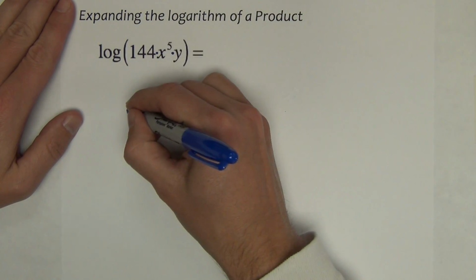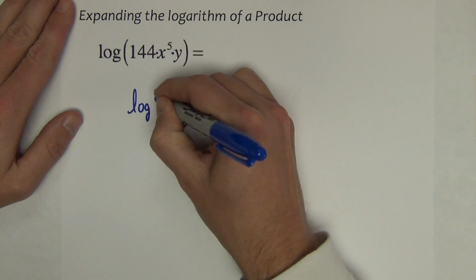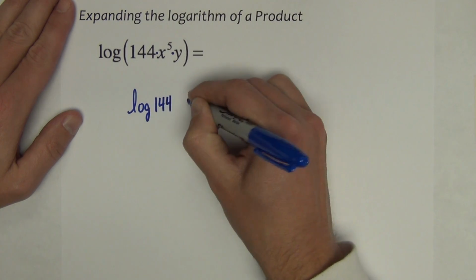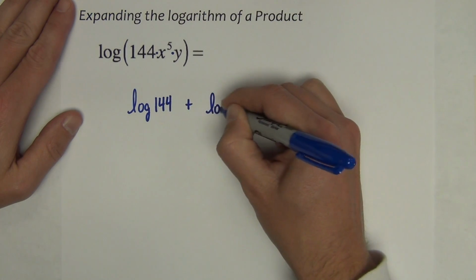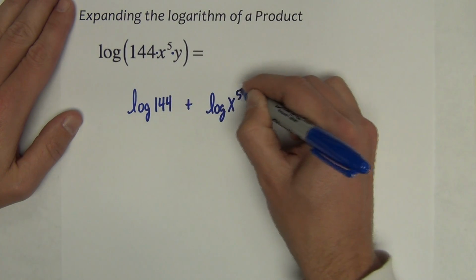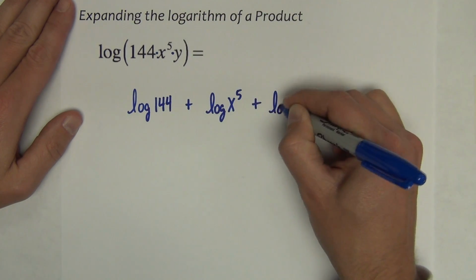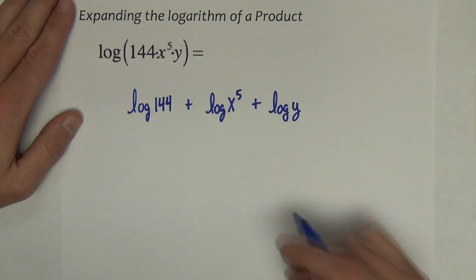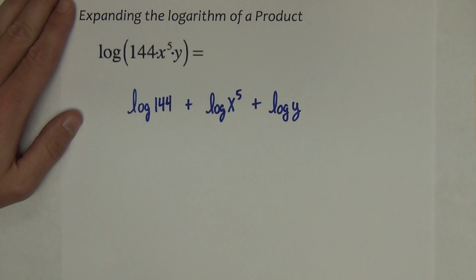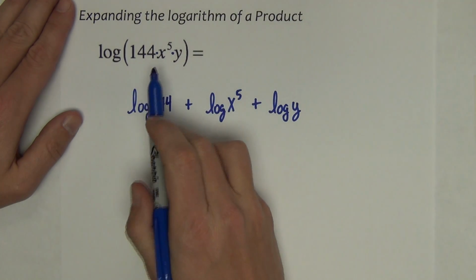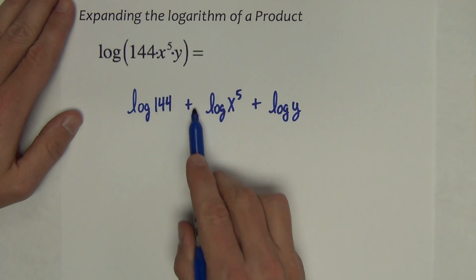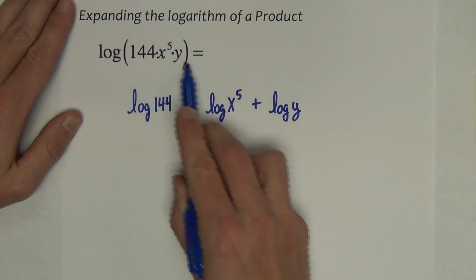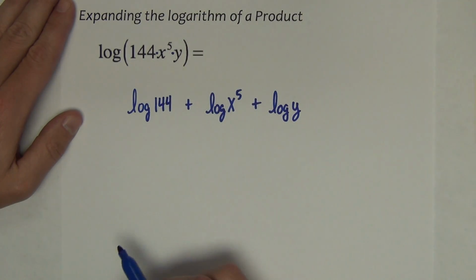This would expand this way: log 144 plus log x to the fifth plus log of y. What I've done is everywhere I've seen a multiplication, it has been separated with an addition. That's that product property of logarithms.